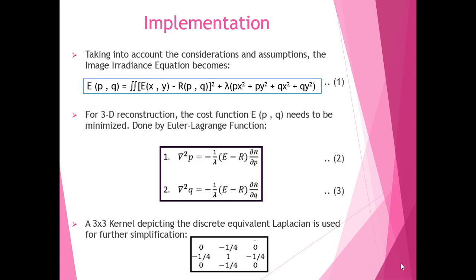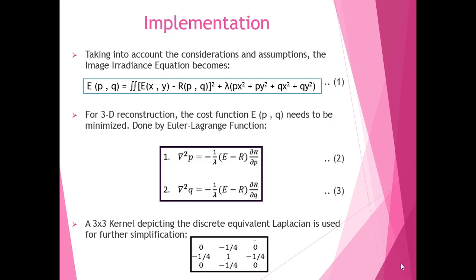That is, capital E of P and Q, where E has now become a function of P and Q, where P and Q are the partial derivatives of the surface of the object in the directions x and y respectively, is equal to the double integration of E of small x y minus R of P Q whole square plus lambda times the sum of p_x square, p_y square, q_x square and q_y square.